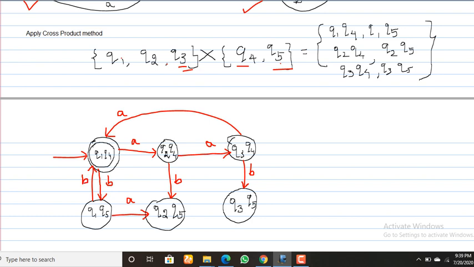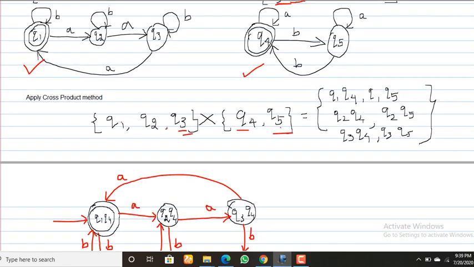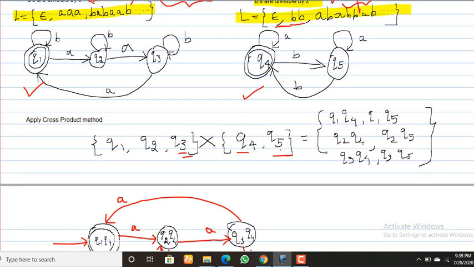So this is the way the loops come out. Q2 on receiving B stays at Q2, and Q5 on receiving B moves to Q4.